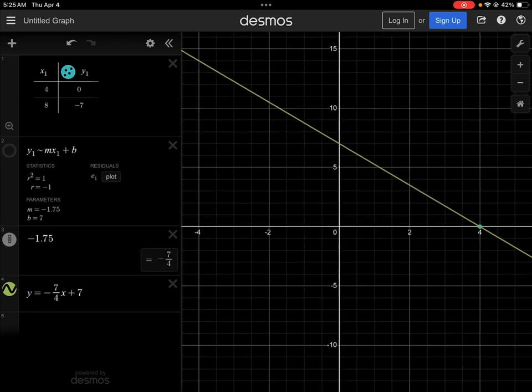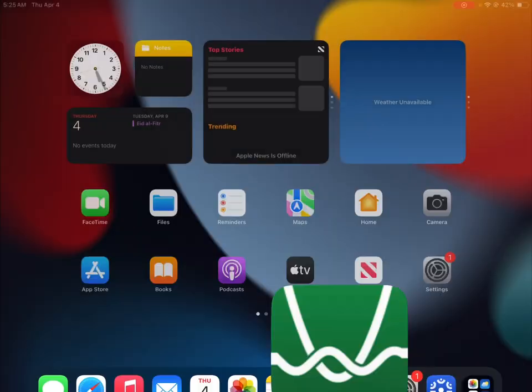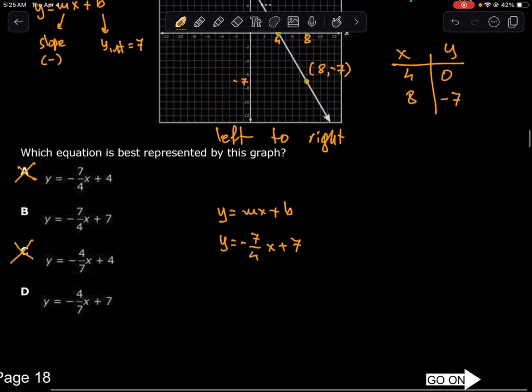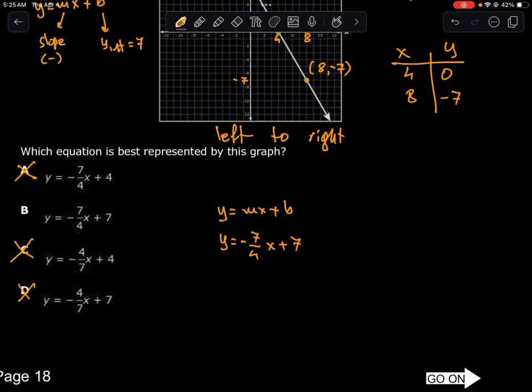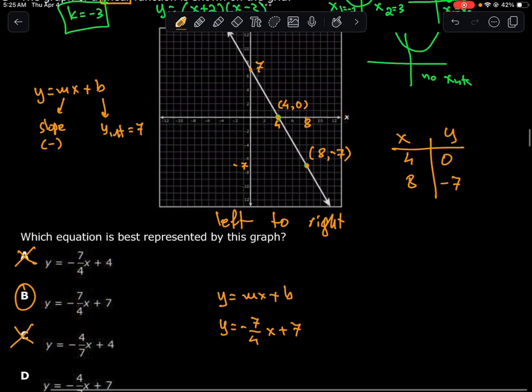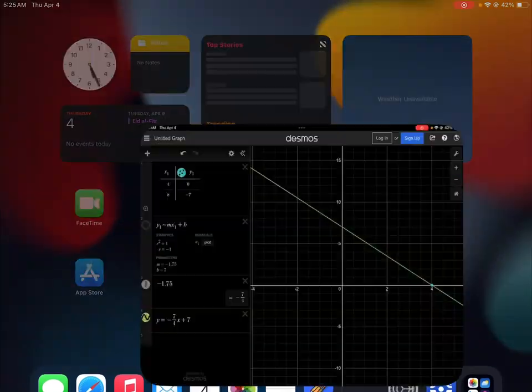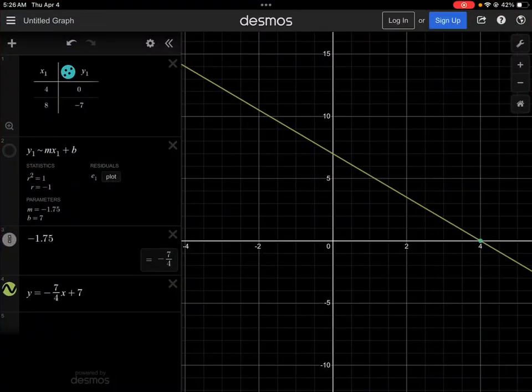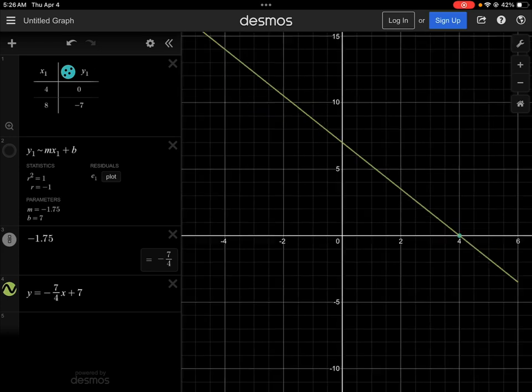Okay. Now let's see if I have this option here. Negative 7/4, it's not this one. Okay. The answer is that one, negative 7 over 4x plus 7. And let's see if the graph looks the same. It doesn't look the same. Let's go home.